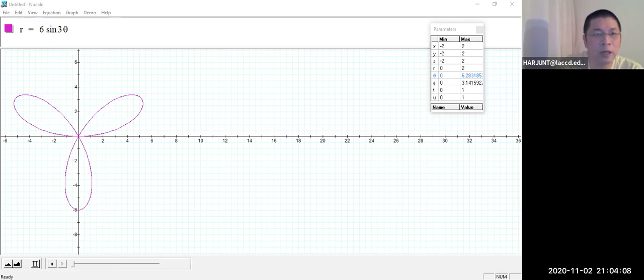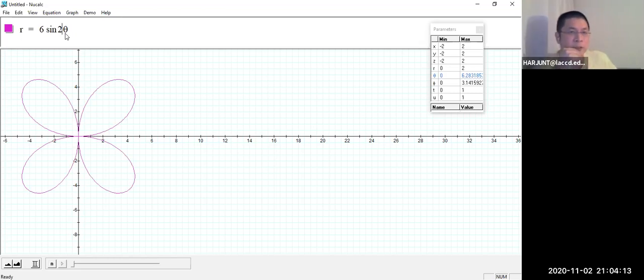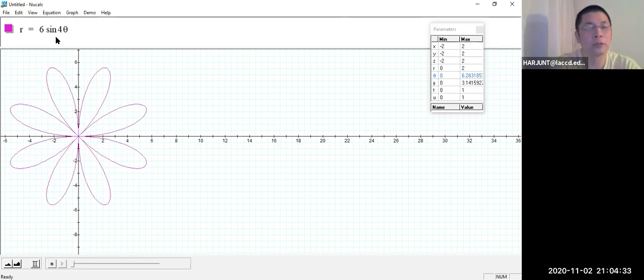Yet, if I make it into even, say 2 here, I have double leaves. The number of leaves is double. So we learned about phenomena here. Okay? See, if the coefficient of the angle is 4, you will end up with 8 leaves.